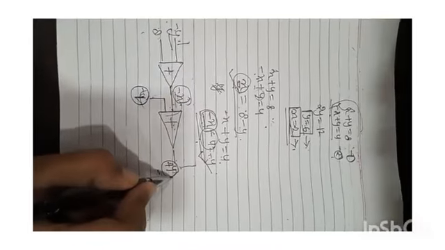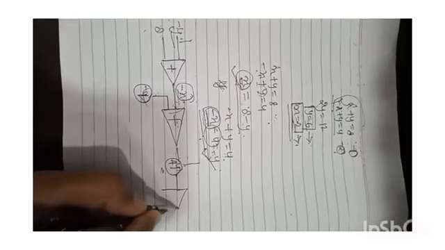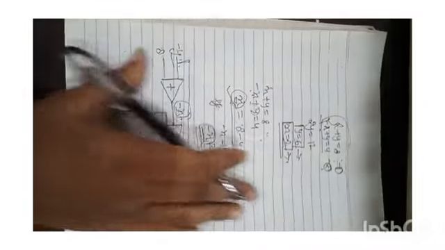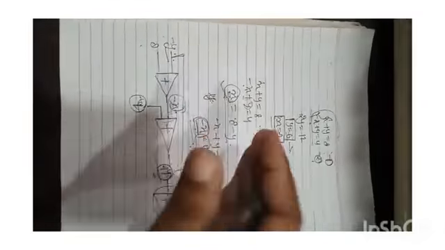Now I have to add another circuit, another summer amplifier. When this y goes through this summer amplifier, it will turn into minus y. So here minus y is going to connect with this. This was the thing that I am going to perform there.